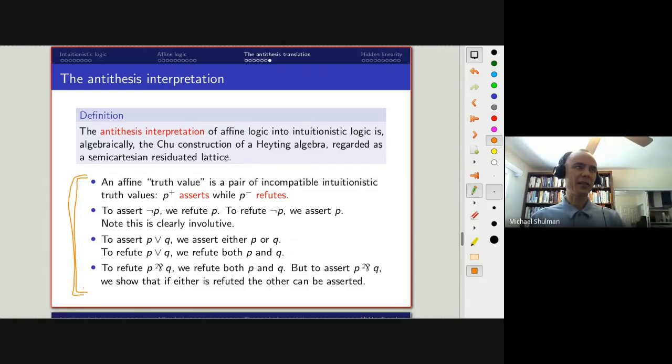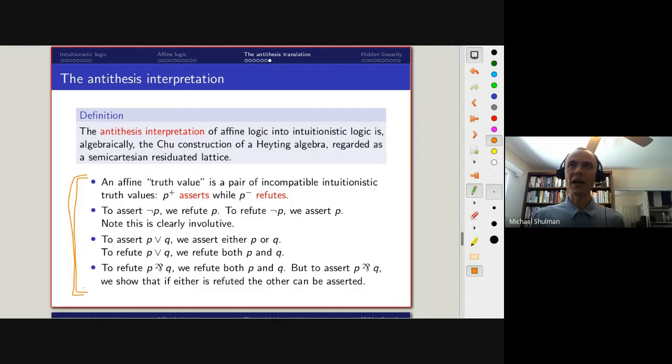I wouldn't hold this up as an interpretation of affine or linear logic that's definitive for that logic in the same way that BHK could be argued to be definitive for intuitionistic logic, because among other reasons, this interpretation validates a bunch of things which are not true in general in affine or linear logic. For instance, in the antithesis interpretation, the additive conjunction distributes over the additive disjunction, which is not true in general in affine or linear logic.